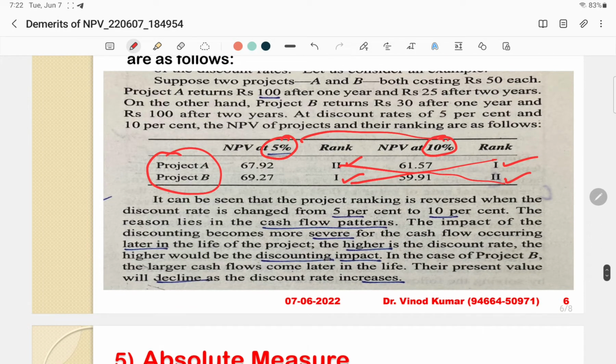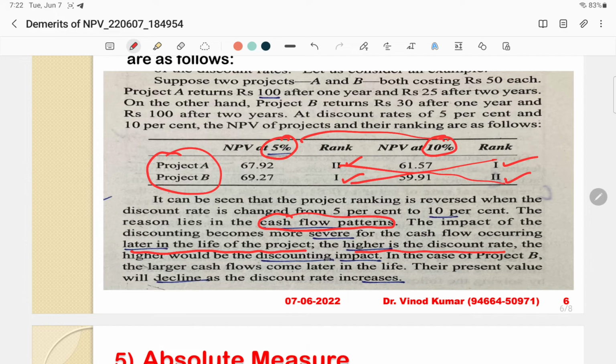Okay, so we can say that the reason of this change is the cash flow patterns. So impact of discounting becomes more high or more severe for the cash flow occurring later in the life of the project. So when there is a higher discount rate, the higher would be the discounting impact.